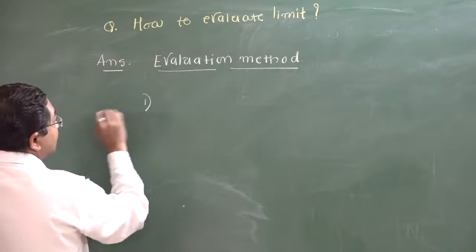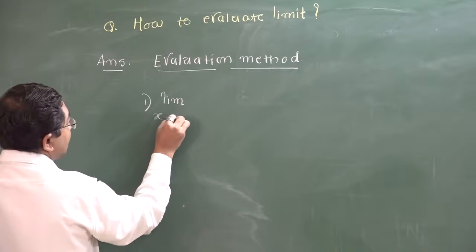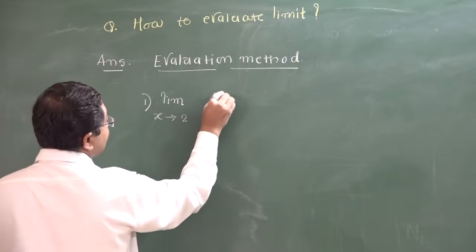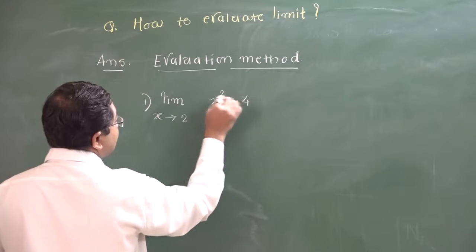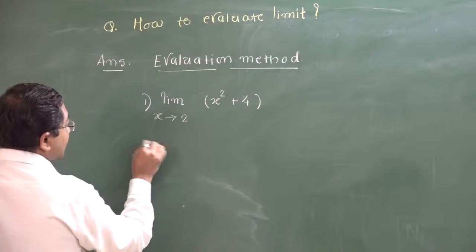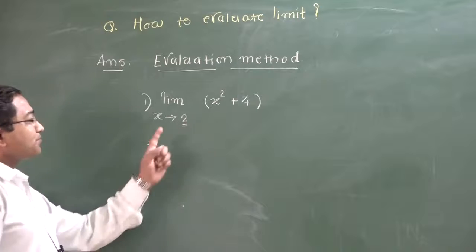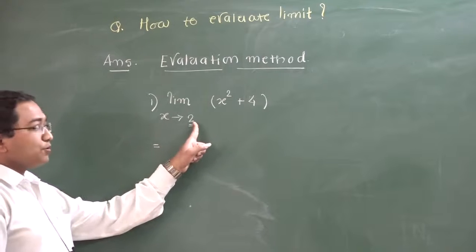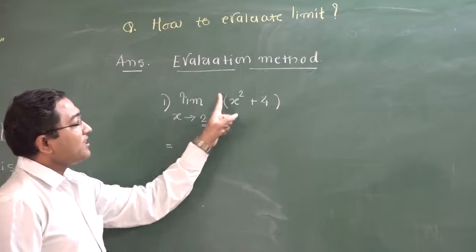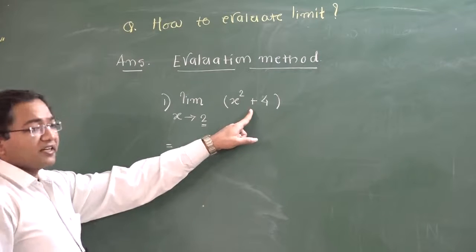For example, suppose we want to find limit x tends to 2 of x square plus 4. We directly substitute the value, replacing x by 2. Why? The given function does not have any denominator; the denominator is 1.